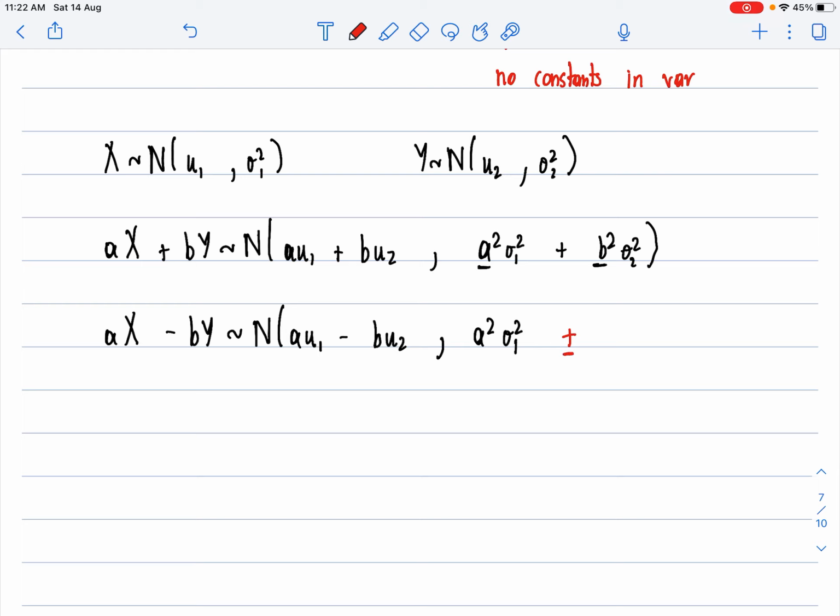This you need to understand, this will remain positive, because the variance can never be negative. This is a very important thing which you need to know. Many students commit silly mistakes if they don't identify the question properly, and that can give you a wrong answer. So now this will be b square into the variance 2.